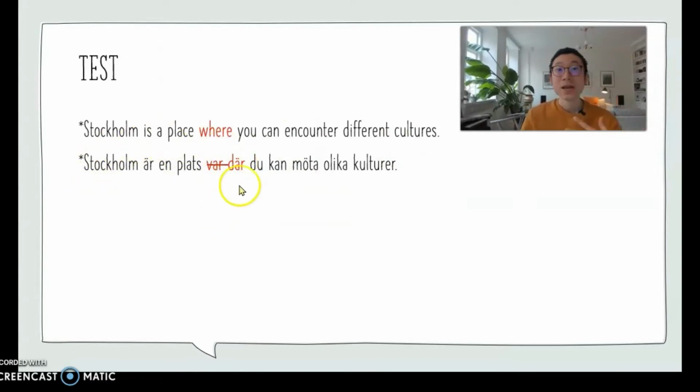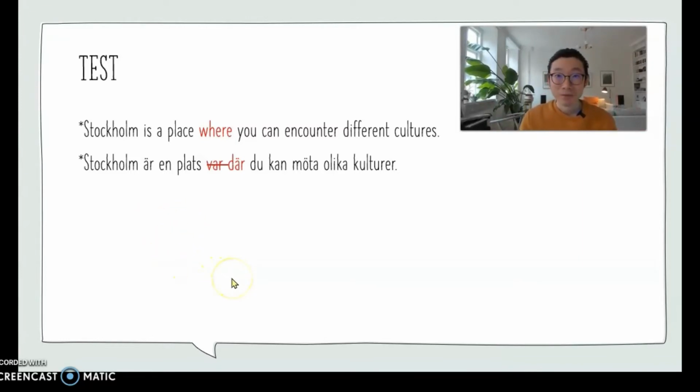Stockholm är en plats där du kan möta olika kulturer. Om du använder var, då blir det fel på svenska. So if you use var, it's actually wrong because the grammar rules are not matched in two languages. In English, where is both a question word and a subjunction. But in Swedish, var is only the question word, not subjunction.